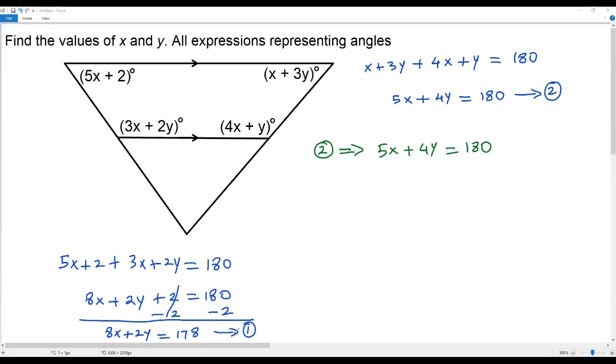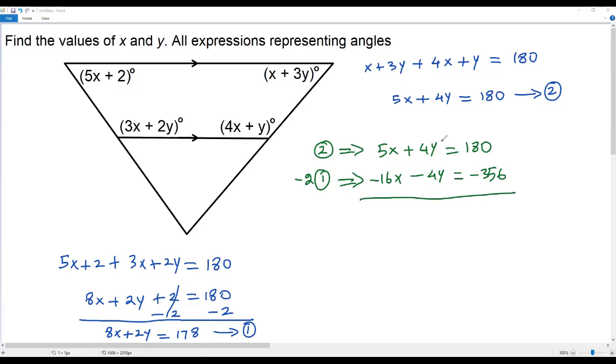Okay, now I'm going to multiply this first equation by negative 2. That is negative 2 times the first equation. So each term in the first equation has to be multiplied by negative 2. So when I multiply this positive 8x by negative 2, I am getting negative 16x. When I multiply this positive 2y by negative 2, it will become negative 4y. When I multiply this 178 by negative 2, I am getting negative 356.